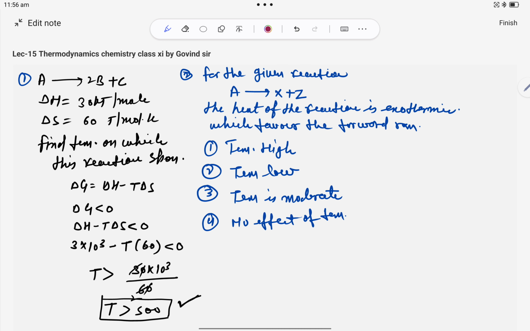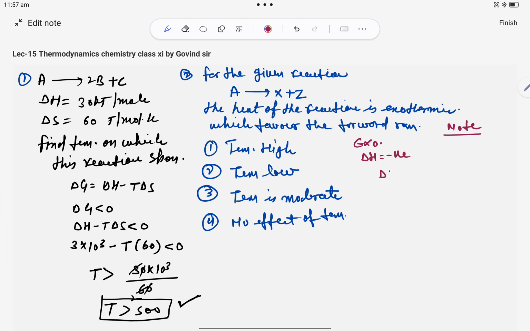So exothermic is given, that means delta H is negative. One thing you have to remember, note: delta H is negative, then find delta S. Wait one minute.